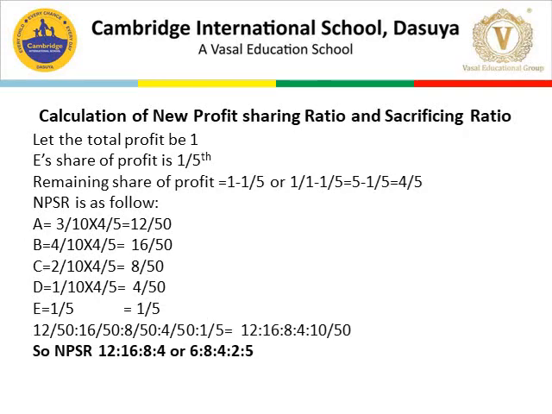So we can write it as 12 : 16 : 8 : 4 : 10. In partnership, we have to reduce it to the smallest figures, so it is divided by 2. We can write the new profit sharing ratio as 6 : 8 : 4 : 2 : 5. This is our answer, the new profit sharing ratio.